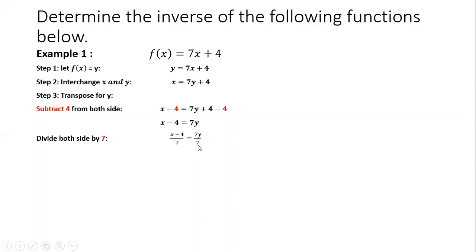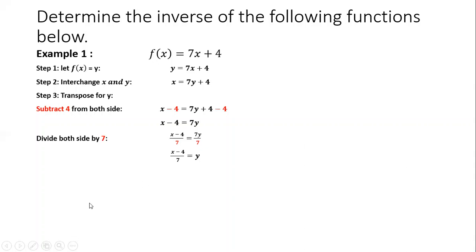At this stage, you're going to simplify what you have here. So if you simplify, what you would have in the next line is just (x - 4)/7 = y. Because note, 7 into 7 is just 1, and 1 times y will just give you y.